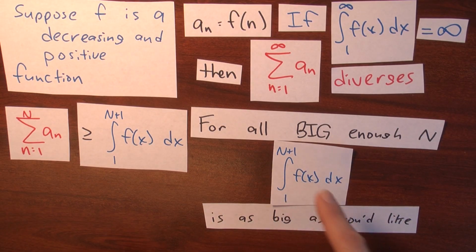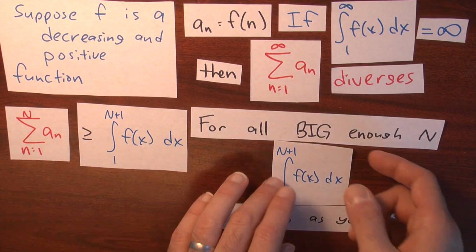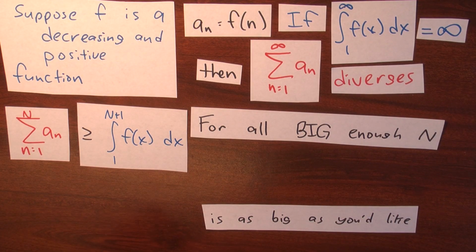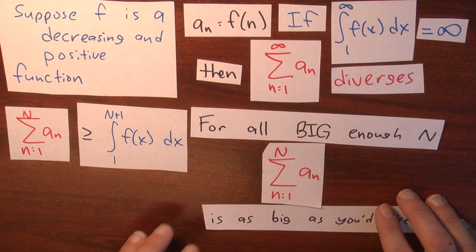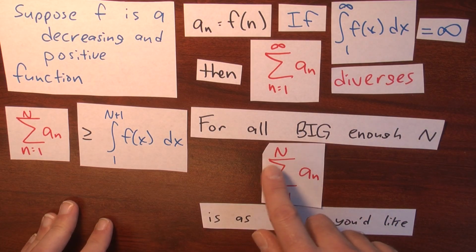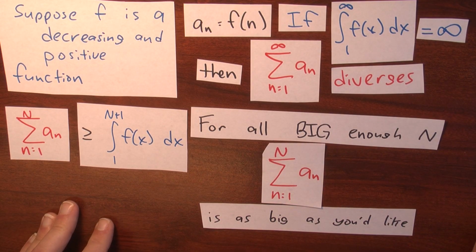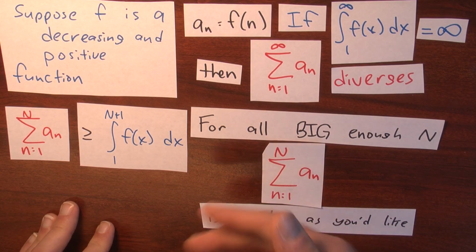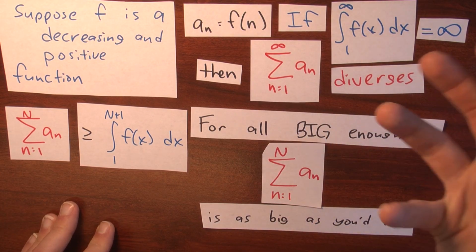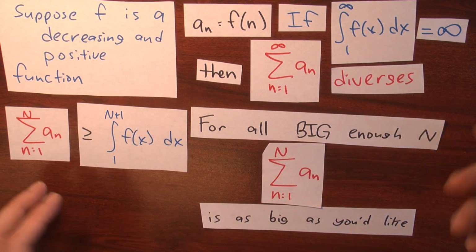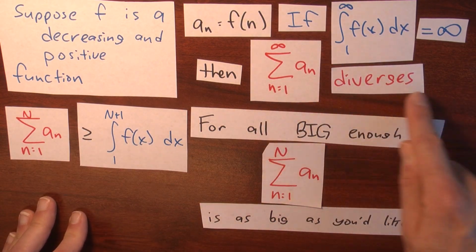But this thing is smaller than this sum. So what that means is that this sum can be made as big as you like, as long as you choose big N big enough. But if you can make this sum really, really large, that means the sequence of partial sums isn't getting close to any finite value. And what that means is that this series diverges.